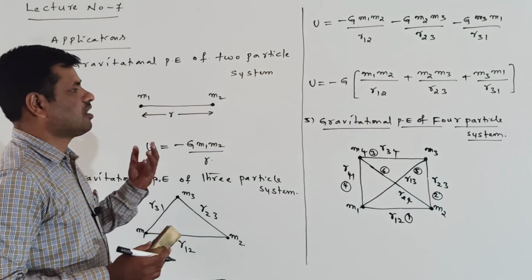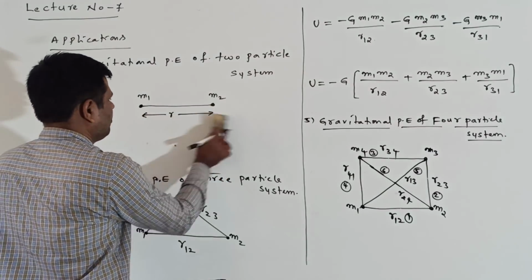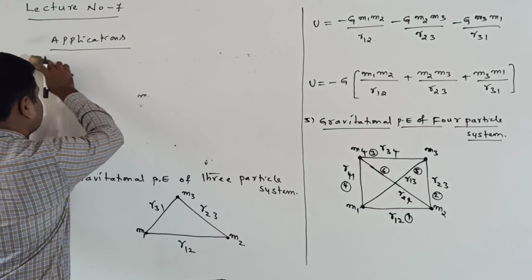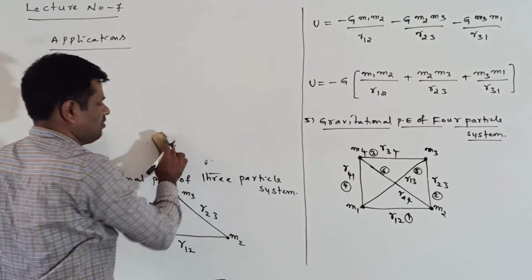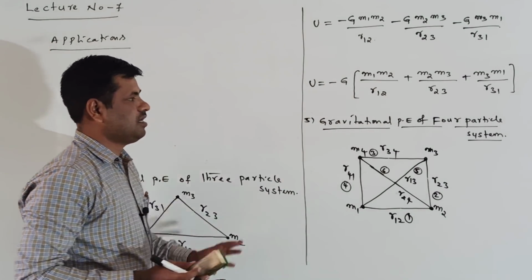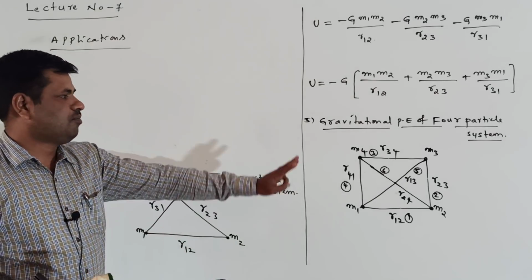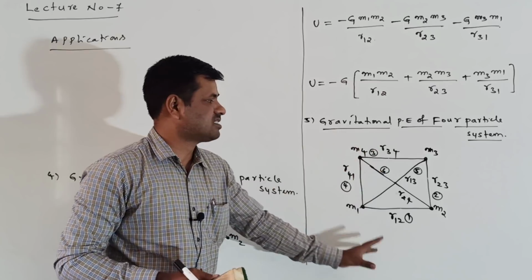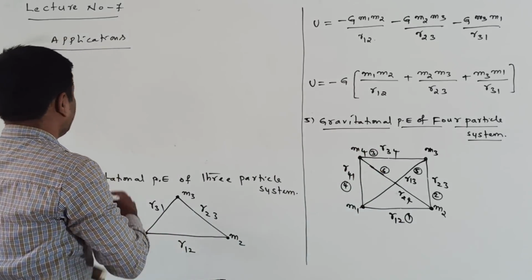6 pairs are coming, so how do we write the potential energy formula now? Right. This is for the 3 particle system. Next this is for the 4 particle system. For the 3 particle system 3 pairs are coming. For the 4 particle system totally 6 pairs are coming. How to write the potential energy?